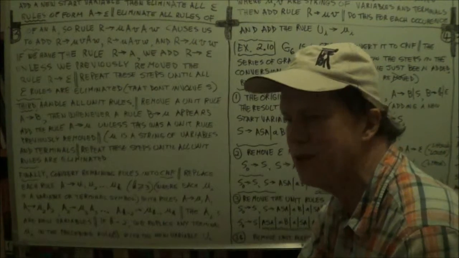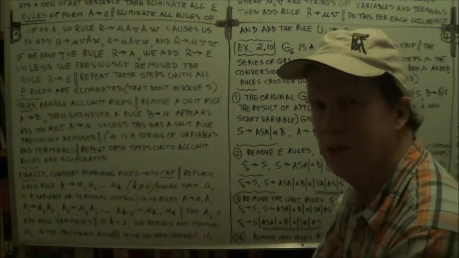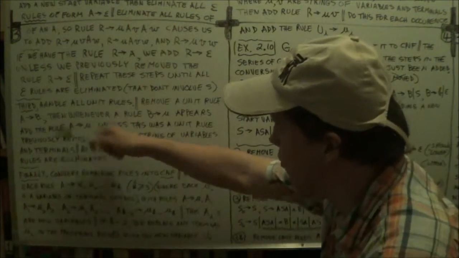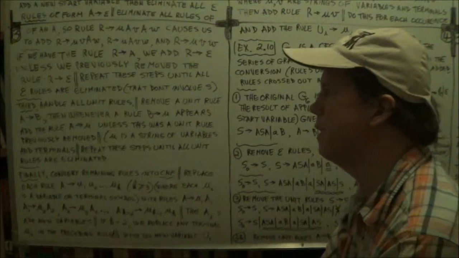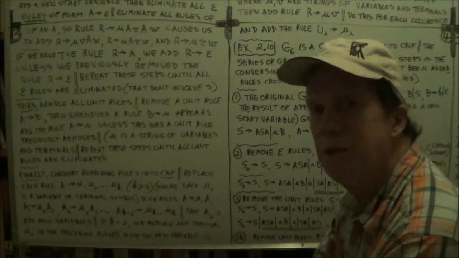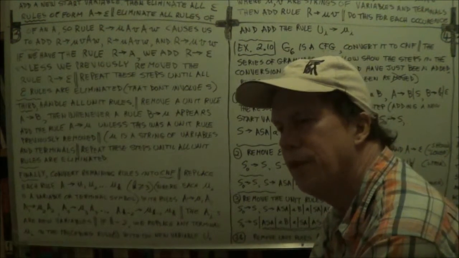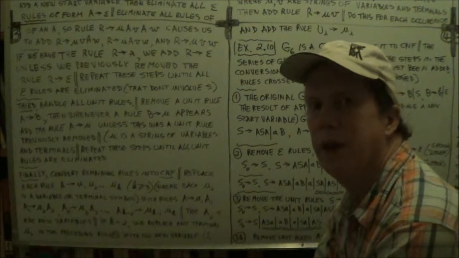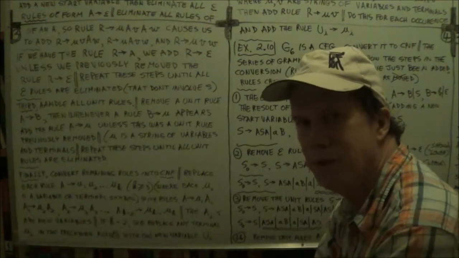It sort of destroys the point. You're undoing the good work you did earlier, right? Okay. All right. So you just loop through that as many times as needed until you have got rid of all the unit rules in your big R, in your set of substitution rules.